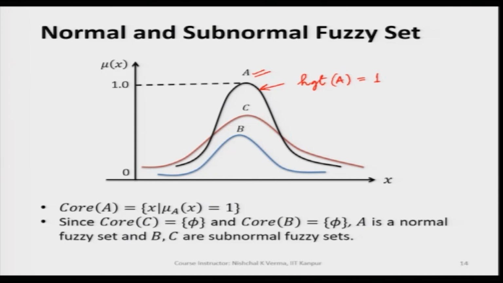If the core of this fuzzy set is non-empty, it means that this fuzzy set is a normal fuzzy set. Whereas, if we see here, we will not be getting any generic variable value for which we get mu(x) equal to 1. So, this will be a subnormal fuzzy set. Similarly, here C also will be a subnormal fuzzy set. So, only A is a normal fuzzy set, because the core of A is non-empty.